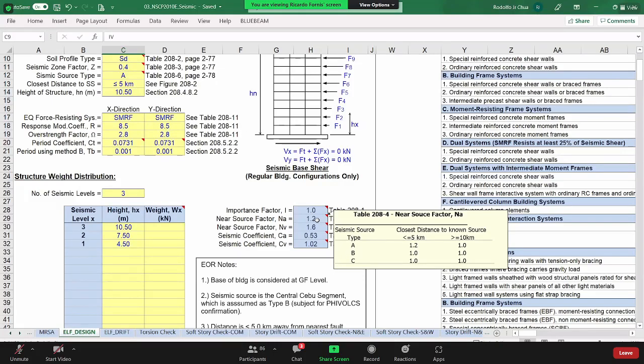Remember, I said earlier that the basic equation we will use is the inertial force according to Newton, which is force equals mass times acceleration. So we are now computing the acceleration part. So NA can be determined in NSCP. So you have to go to table 208-4.